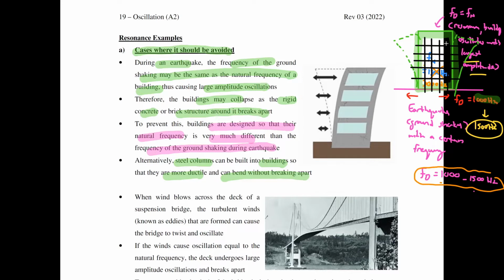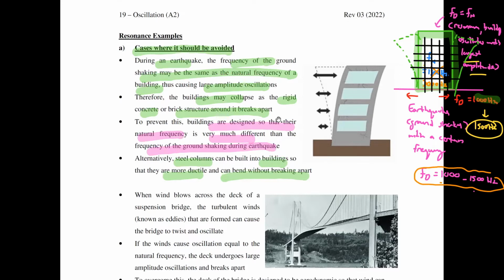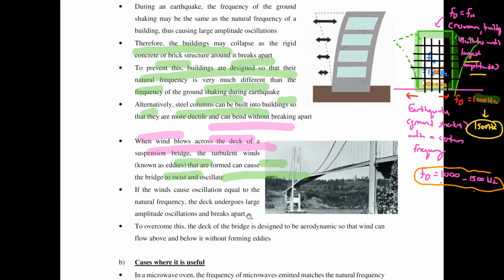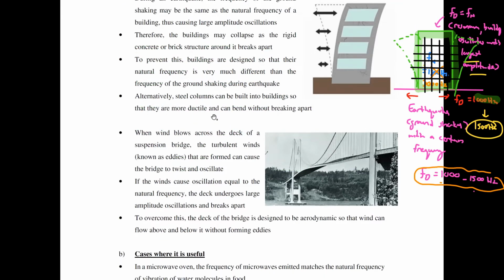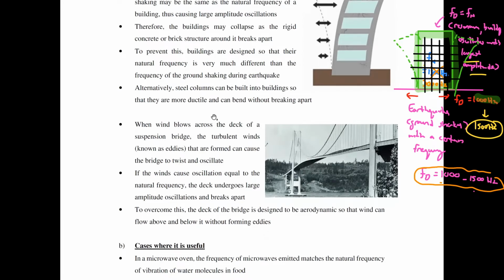This is one example case where resonance should be avoided, for the case of a building. The same can also be said for bridges. When you normally design a bridge, you do not want your bridge to encounter resonance.